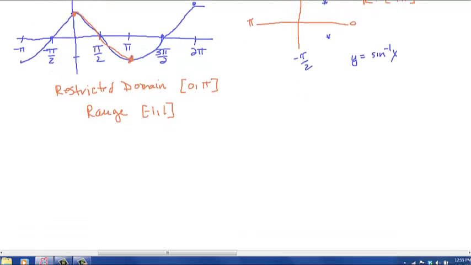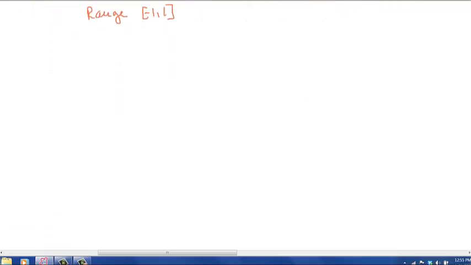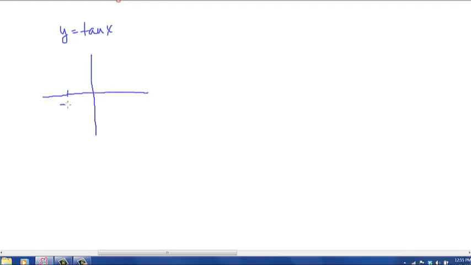All right, let's talk tangent and cotangent, and then we'll work with some examples. All right, so tangent. y equals tangent x. So let's look from negative pi over 2 to pi over 2. Remember, that's where our asymptotes are.